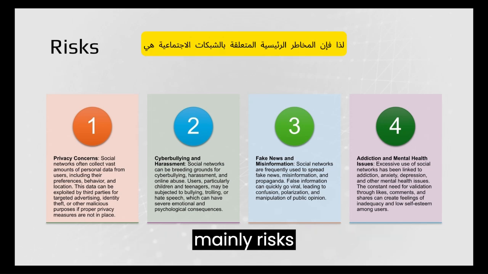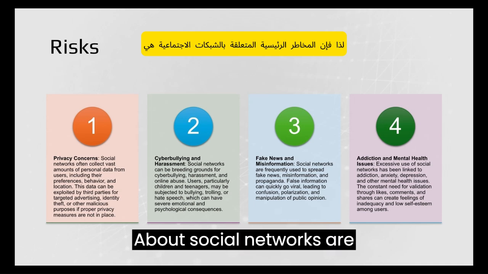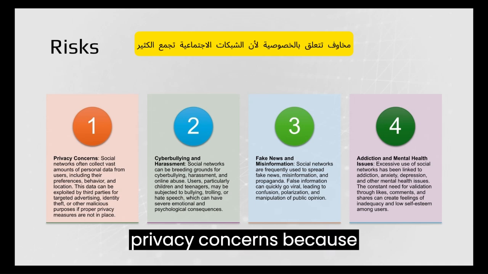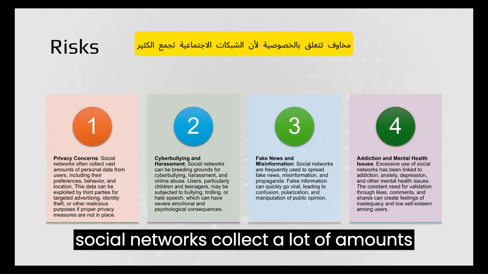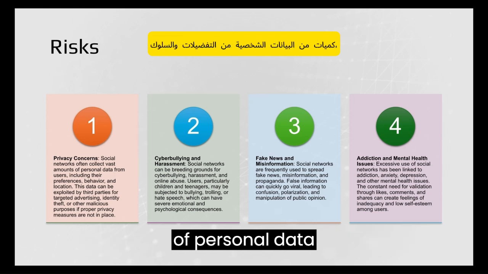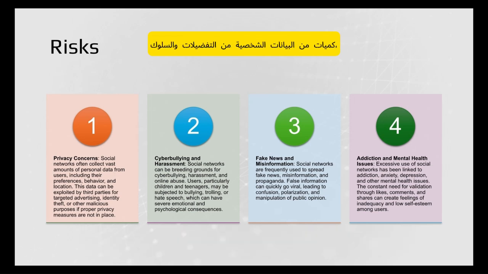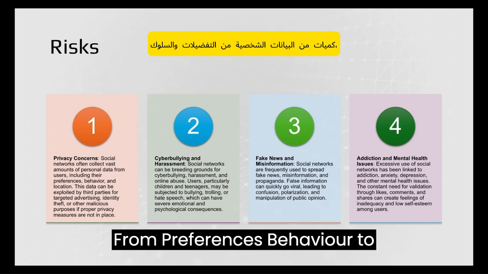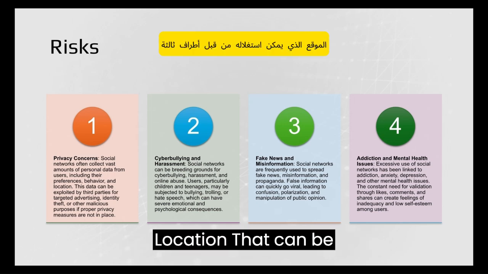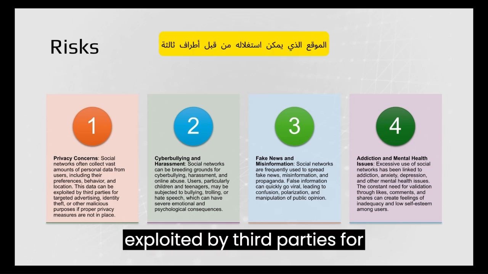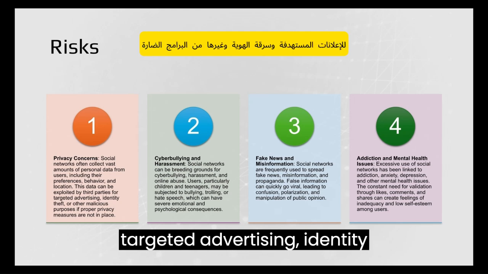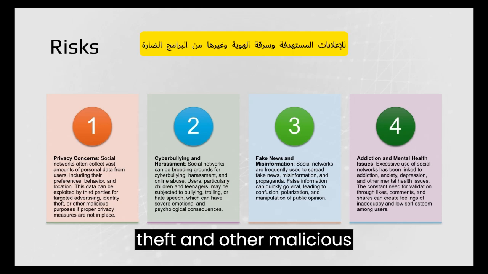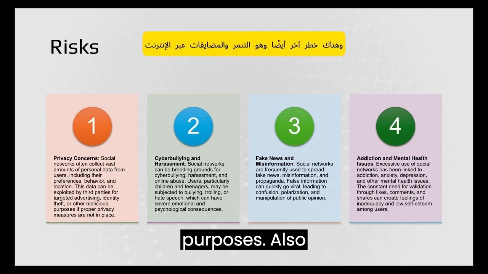So the main risks of social networks are privacy concerns, because social networks collect a lot of personal data, from preferences, behavior, location, that can be exploited by third parties for targeted advertising, identity theft, and other malicious purposes.